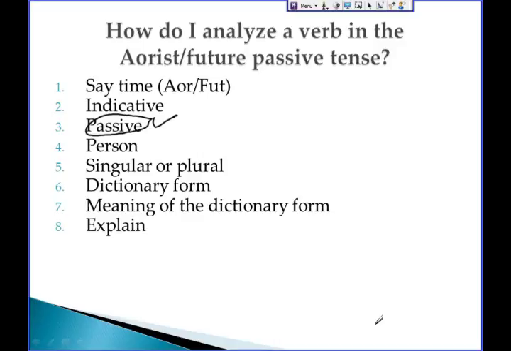Let's look at the vocabulary of lesson 16 and see how some aorist passive forms are formed. The list, you have them there on page 92.